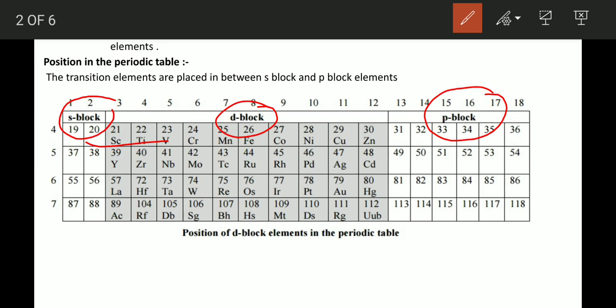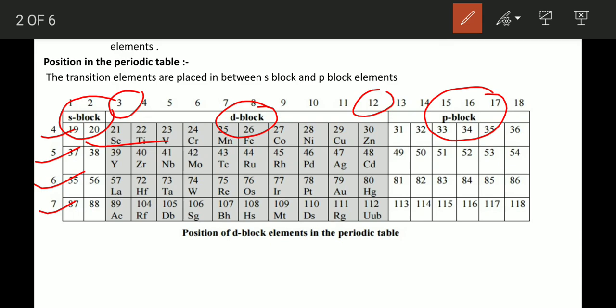When you observe, you will get its position in groups 3rd to 12th and periods 4th, 5th, 6th and 7th. The 4th period, from Sc to zinc, is called the 3d series. From yttrium to cadmium is called the 4d series.